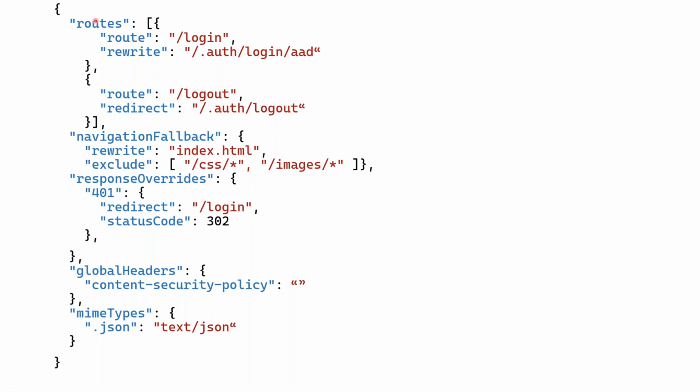So first of all, for instance, what you see here is routes. So you define routes for the application right here. And then you say, if somebody asks for the route /login, we will internally rewrite that to go to /.auth/login/aad. Now, this seems like it's just a rewrite, but it also means something else, since it also means that you can log in using Azure Active Directory by default without you having to code anything.